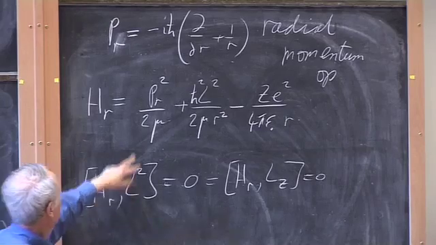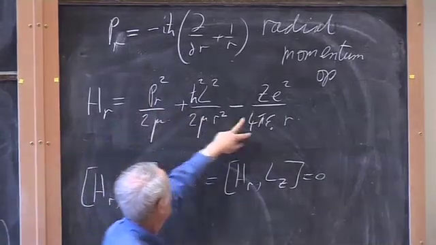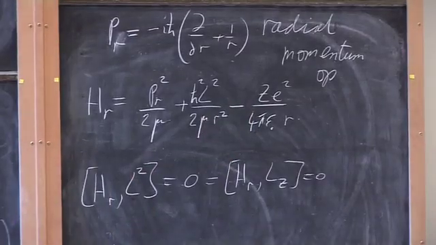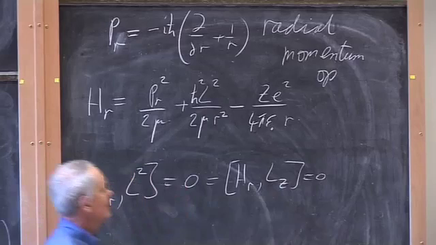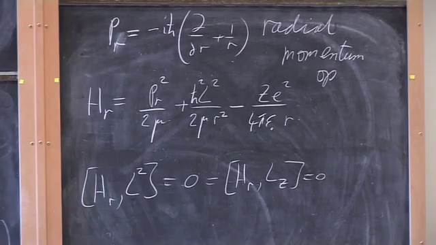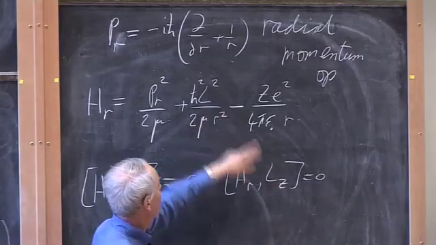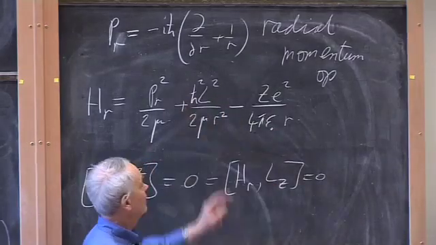So it clearly commutes with this, and it commutes with this, and it jolly well commutes with itself. Similarly, LZ turned out to be minus i h bar d by d phi, the azimuthal angle. So it commutes, and LZ we know commutes with L squared, and it clearly commutes with R and PR.